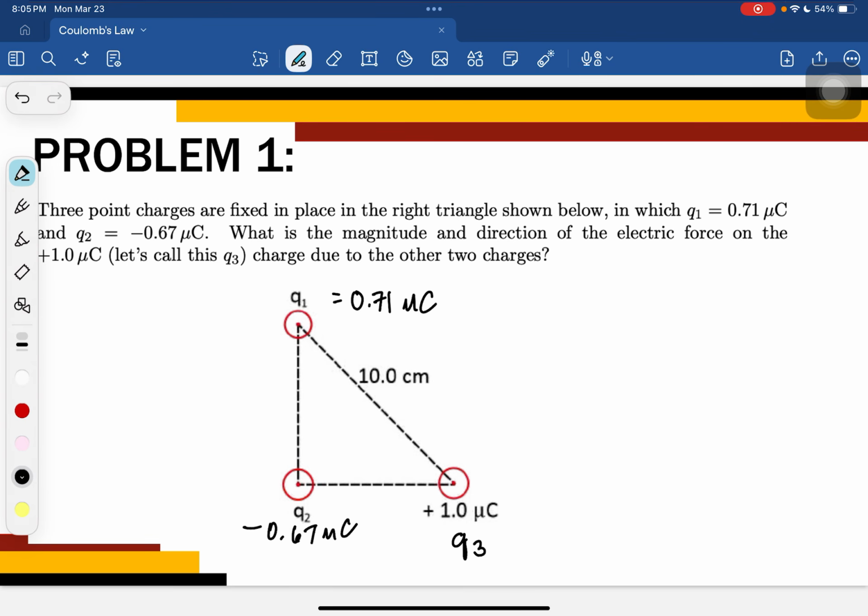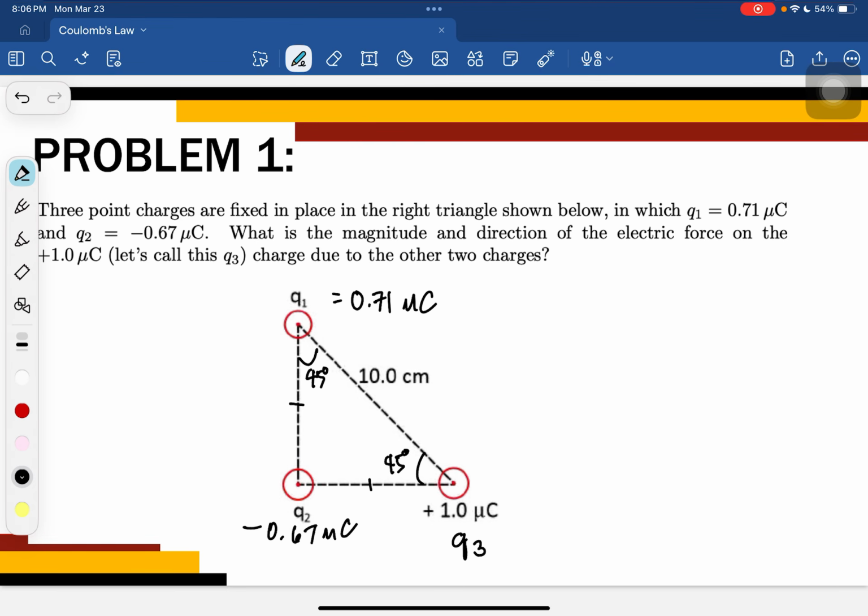So what's important in formulas like this is to identify the distance between the charges as well as the position of the charges. We have a hypotenuse here that's 10 centimeters, so we can actually solve this and this, which are equal. Since this is a right triangle, I can say that this is 45 degrees, and this is also 45 degrees.